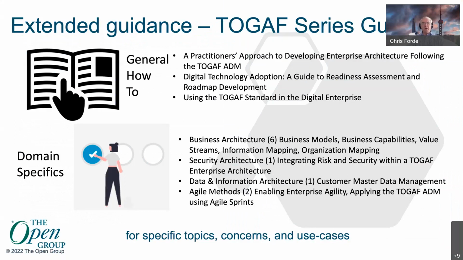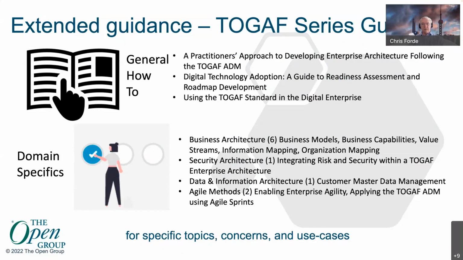In terms of the extended guidance in the TOGAF series guides, we have general how-to related to a practitioner's approach to developing an EA following the ADM, digital technology adoption, a guide for readiness assessment and roadmap development, and using the TOGAF standard in the digital enterprise.